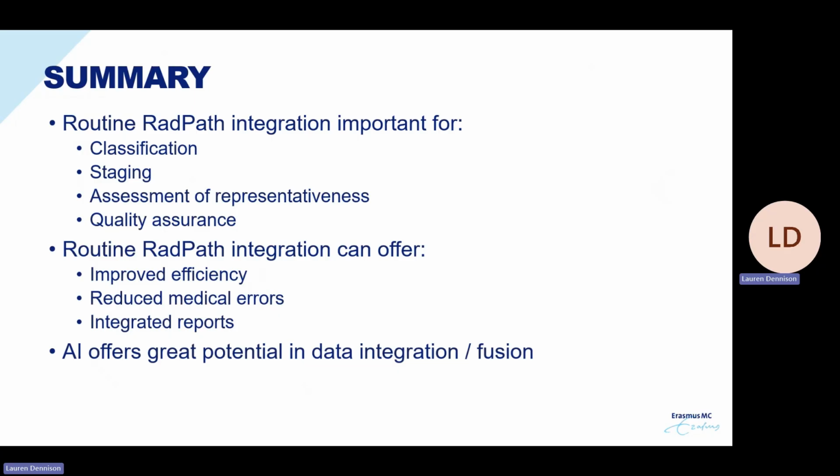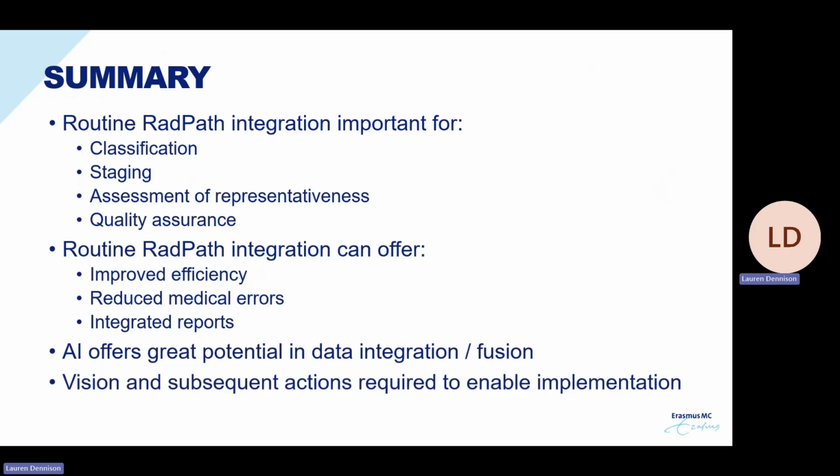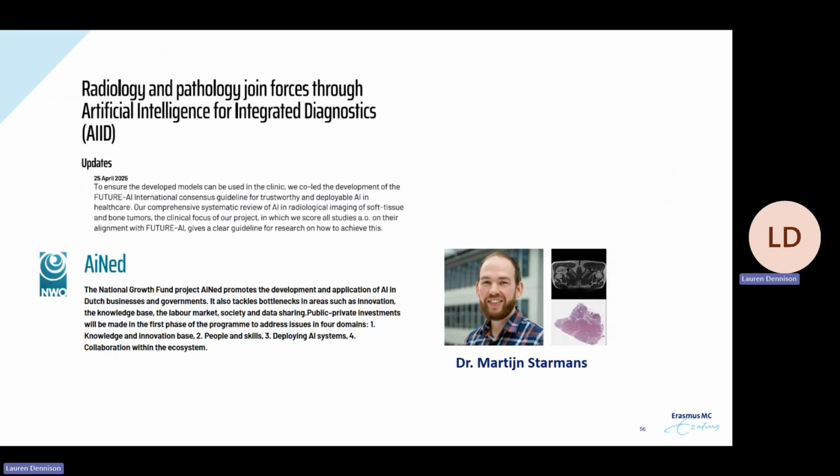But I think we are now looking towards using AI to actually provide that data integration for us and fuse the data. And a bit like the previous speaker has mentioned, I think we need vision and subsequent actions to enable implementation. And I think that goes for all aspects of AI.